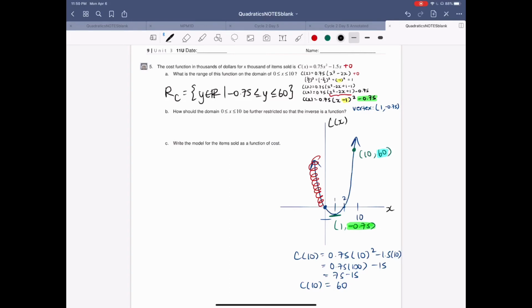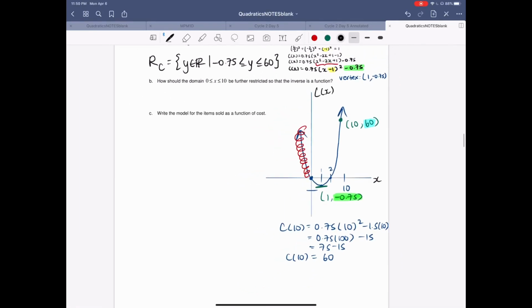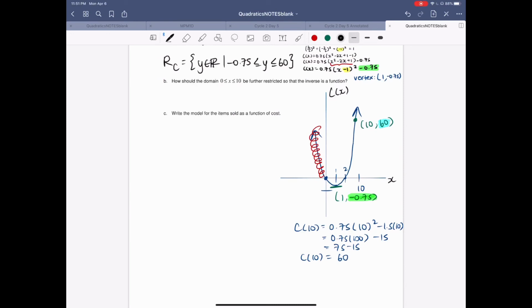Okay, how should the domain, x from 0 to 10, be further restricted so that the inverse is a function? So I kind of already dealt with that. No, I didn't. If you look at the blue graph, how would I change it so that this will work out?